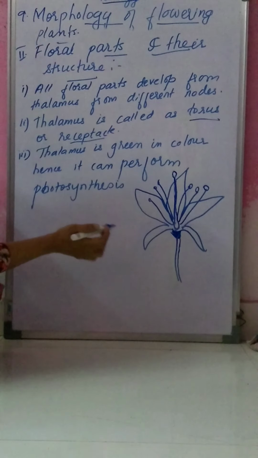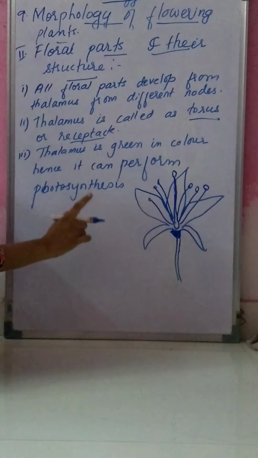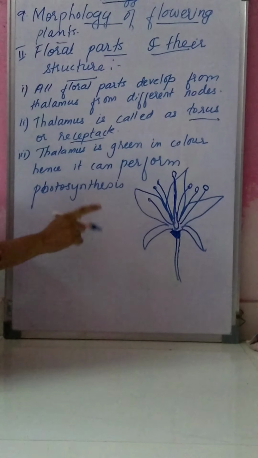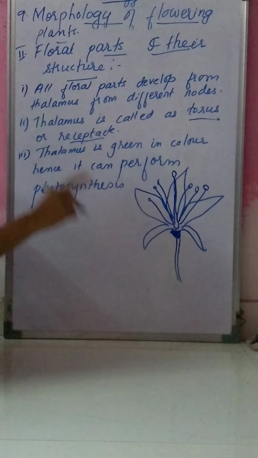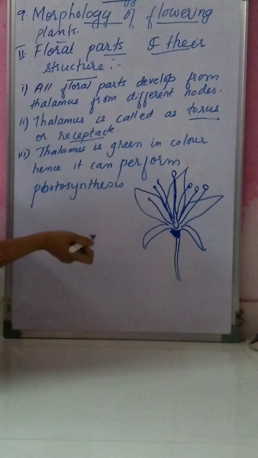The color of the thalamus is green. As the thalamus is green in color, it can perform photosynthesis.